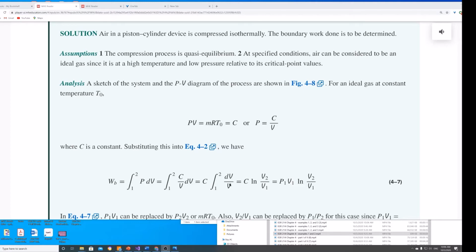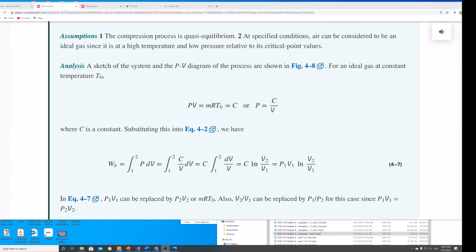Since our variable of integration is essentially to the -1 power, it just becomes the natural log of the final volume over the initial volume. And this C on the left-hand side is just going to be the initial pressure times the initial volume. The reason to do that is that throughout, we know it's constant.